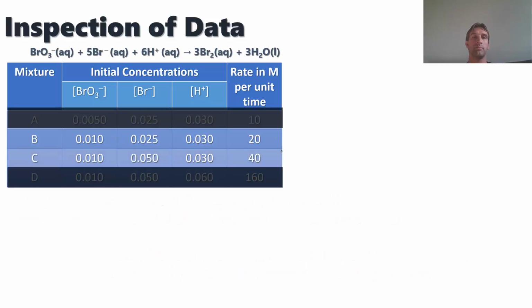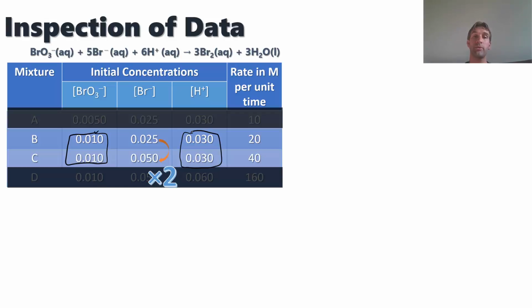Now, we understand that we were first order with respect to bromate. Now, let's take a look at something else that changes. Notice here that the bromate concentration is fixed, and then our hydrogen concentration is fixed. So we want to focus now on bromide, Br-. You'll see here that once again, we are doubling the bromide concentration.